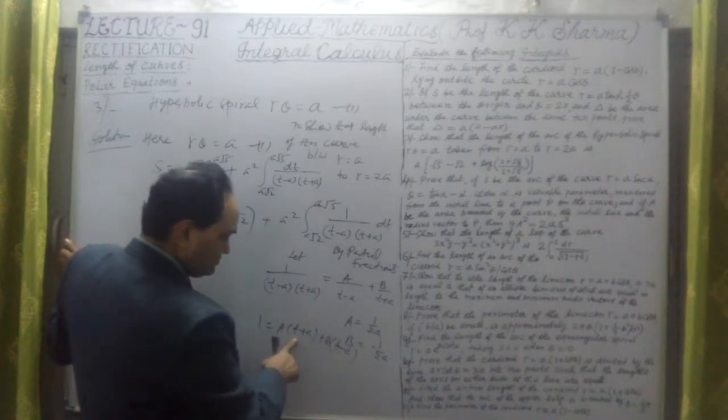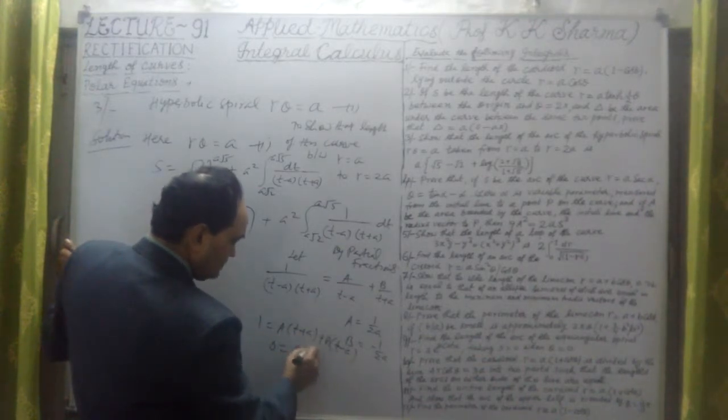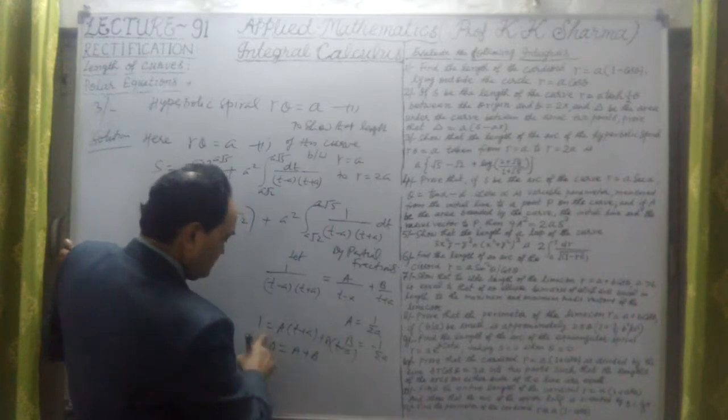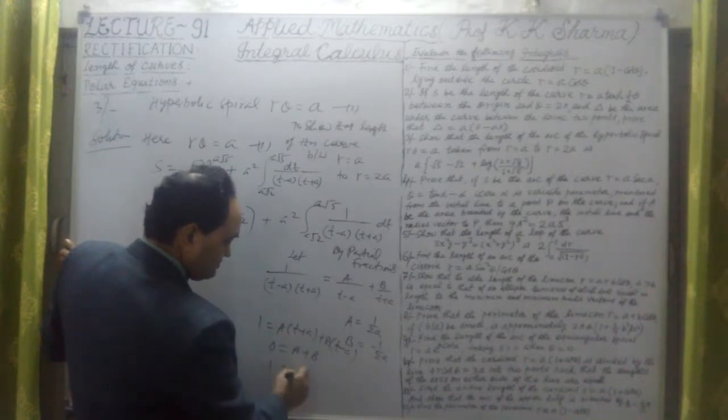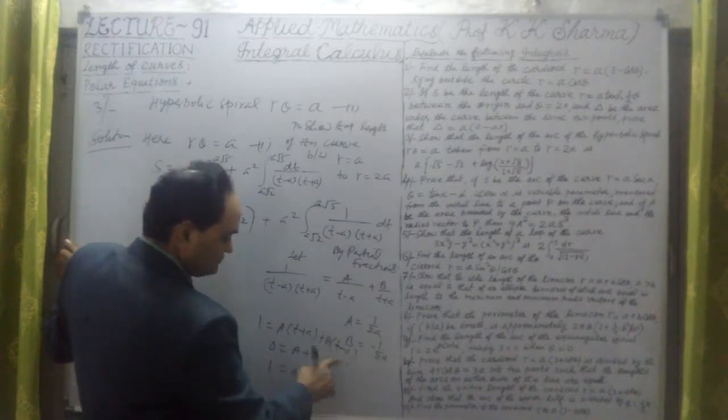The coefficient of t on the left hand side is 0, and on the right hand side it is A plus B. The constant coefficient on the left hand side is 1, and on the right it is A into a plus minus a into B.